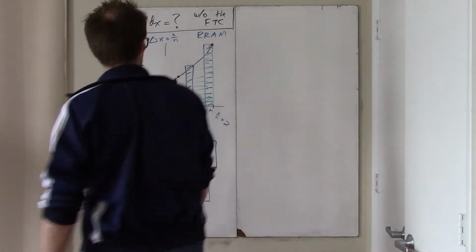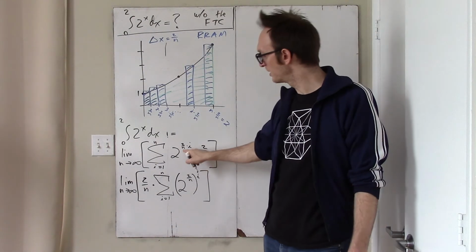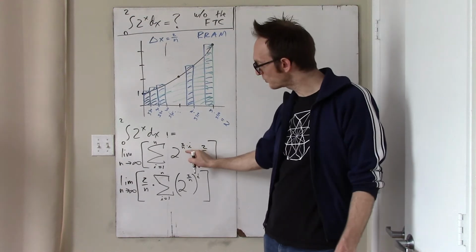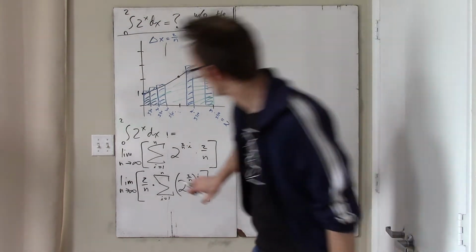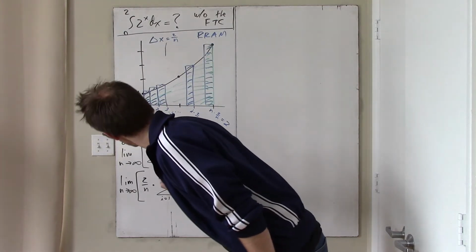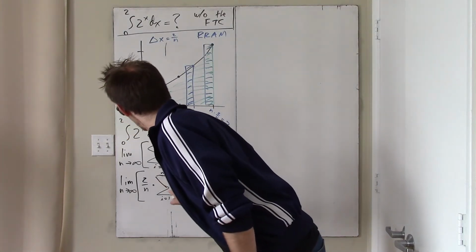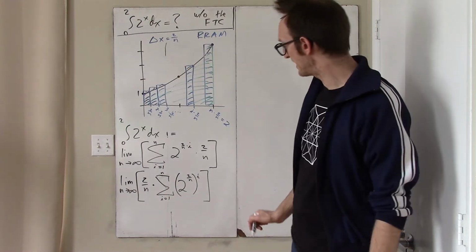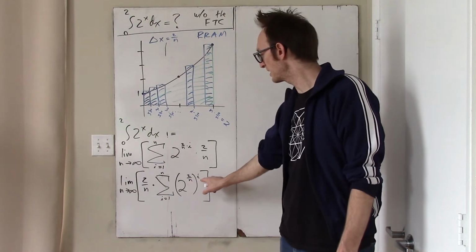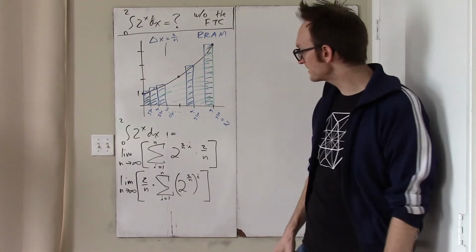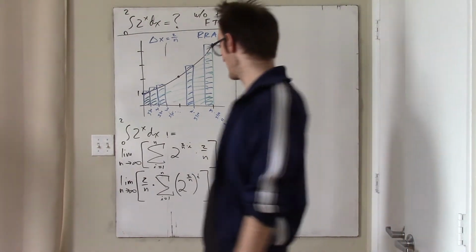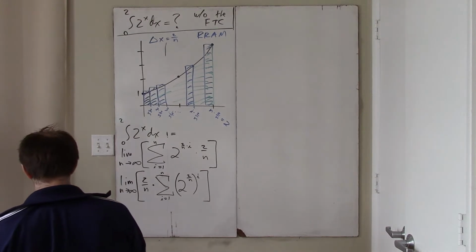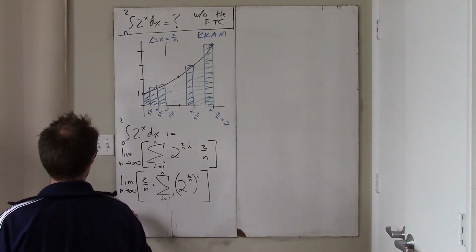In other words, using an exponent rule, 2 to the 2 over n i could be rewritten as 2 to the 2 over n, to the i, showed me that this was in fact geometric. And so, okay, I don't know whether this helps or not. I think it does help.